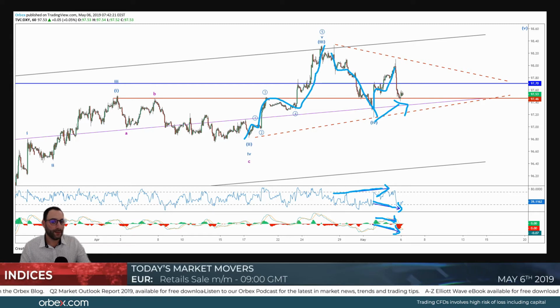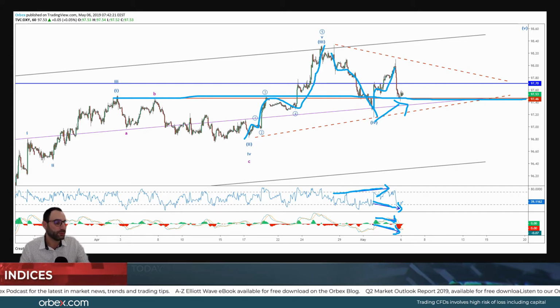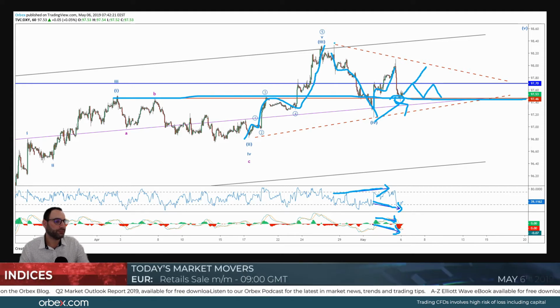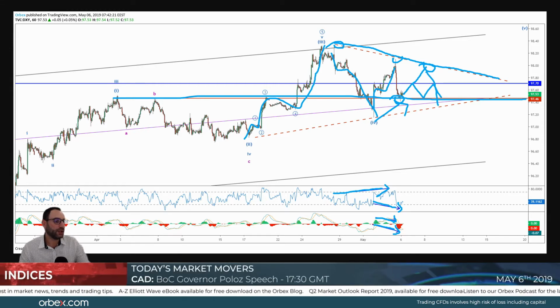Because we are sitting right at 96.45, which is a strong resistance that became a support level, we could be looking at prices now to trade in a range over here, or moving all the way back up to reach the descending trend line. If that happened, it means that the chances of this forming as a triangle would increase.